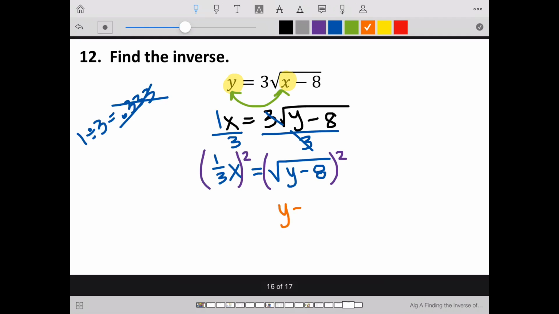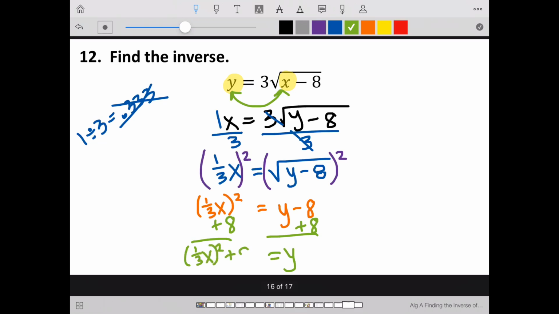So y minus 8 equals 1/3 x squared. And now I can add 8 to each side of my problem. And y equals 1/3 x squared plus 8.